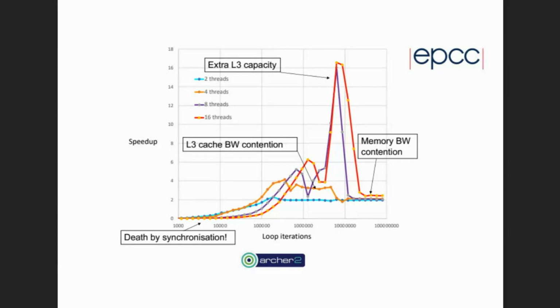One core can get half the bandwidth out of a NUMA region, and that's not true on other hardware necessarily. They've done some work to make sure that a single core can access most of the bandwidth, or half of the bandwidth.